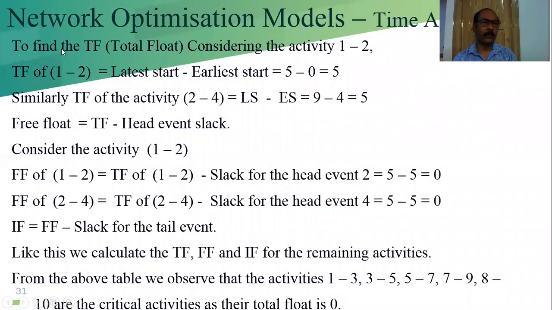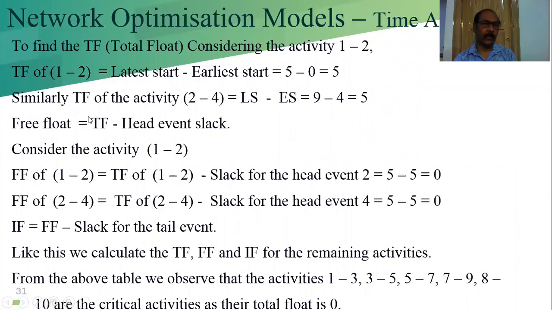Now here I am showing how to calculate the total float and the free float. We are showing the total float calculation for activity 1-2. So total float for activity 1-2 is equal to latest start minus early start, which is 5 minus 0 is equal to 5. Similarly, total float for activity 2-4, LS minus ES is 9 minus 4 equal to 5.